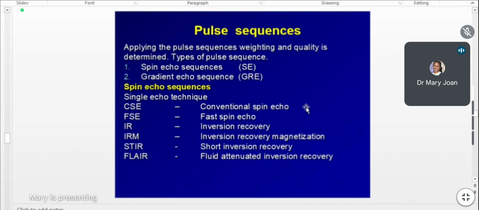And pulse sequences: applying the pulse sequences, weighting and quality is determined. So types of pulses are spin echo sequences and gradient echo sequences, SE and GRE.